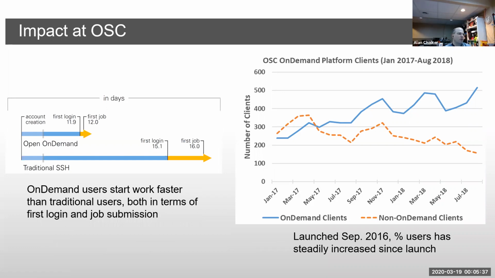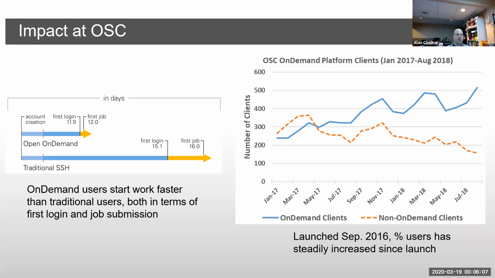We looked at, over the course of a year, about 1,700 new OSC clients, and we broke them into two groups, those that came right in via OnDemand and those that came right in via traditional methods like SSH. And as you can see on this chart, the clients that came in via OnDemand started significantly earlier in terms of their first login and their first job submission compared to more traditional SSH clients.